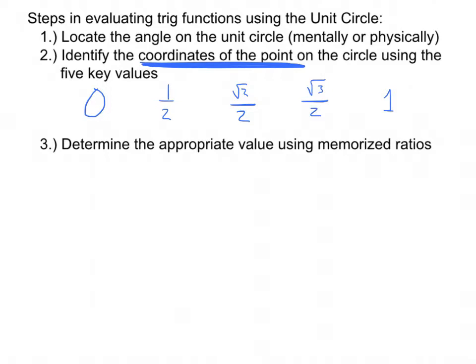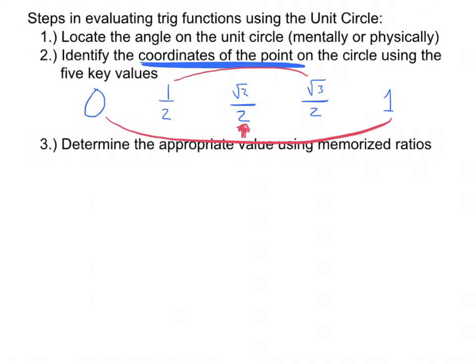To be honest, it will either be 0 and 1, 1/2 and the square root of 3 over 2, or the square root of 2 over 2 and itself. Okay? Now we do need to keep in mind that negatives can be in there too, but as you're going to see when we do some practice, it's going to be clear whether it's positive or negative.